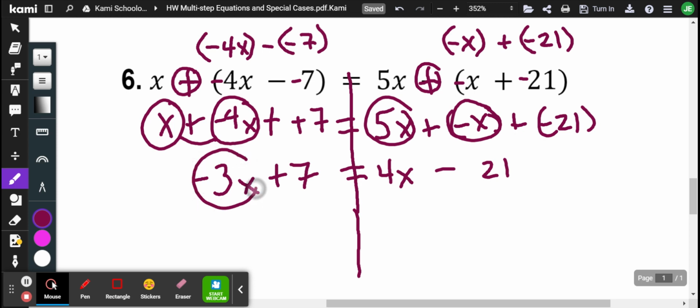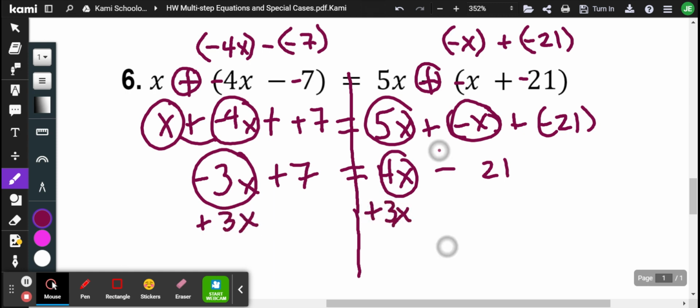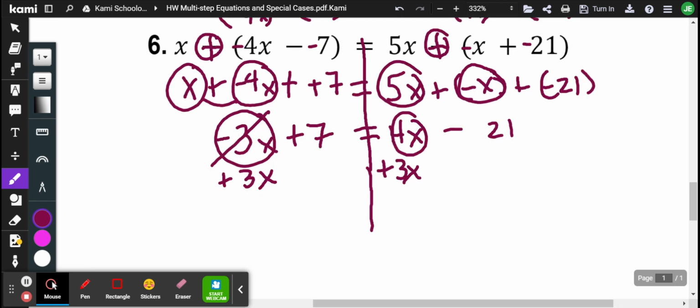Okay, so now we have variables on both sides. We're going to have to take care of that first before we start to solve. I'm going to add 3x to both sides. So left side, that's going to cancel. So we're left with 7 is equal to 7x minus 21.